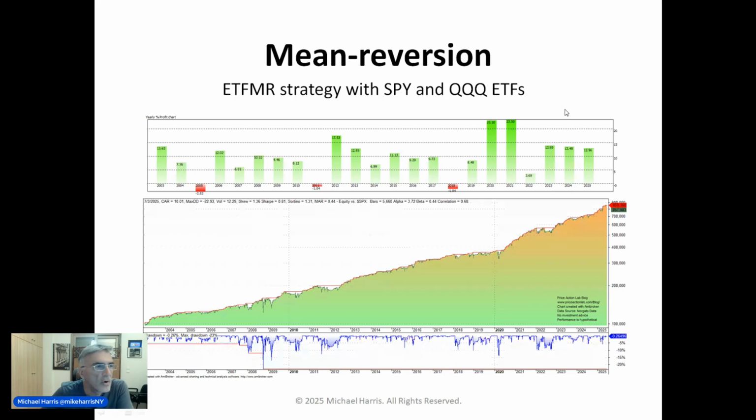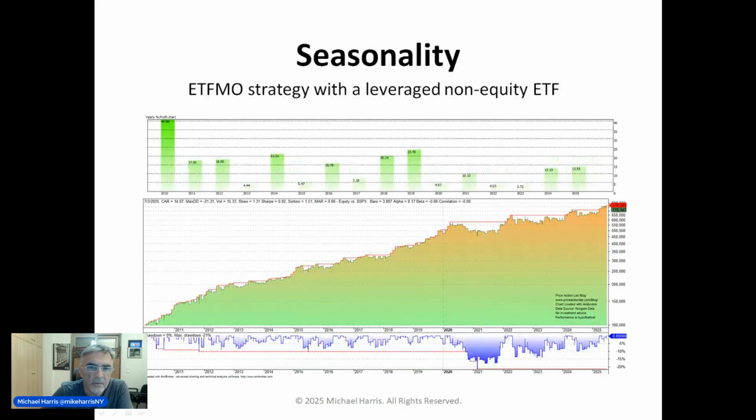Now, for seasonality, we use a leveraged ETF that is not related to any equity index, and this has been a surprisingly well-performing strategy. No losing year since 2010, Sharpe 0.92, maximum drawdown 21.3%, annualized return 14%.